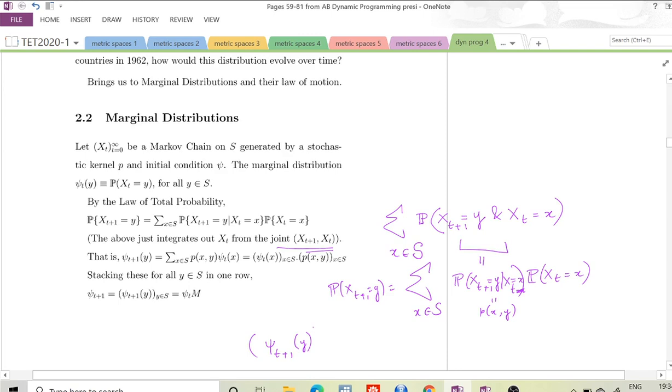So we can collect all of these, and that's a vector of probabilities, right? So we can just give it one name, ct plus 1. With n states, it's a 1 by n vector. We're going to look at it as a 1 by n vector.